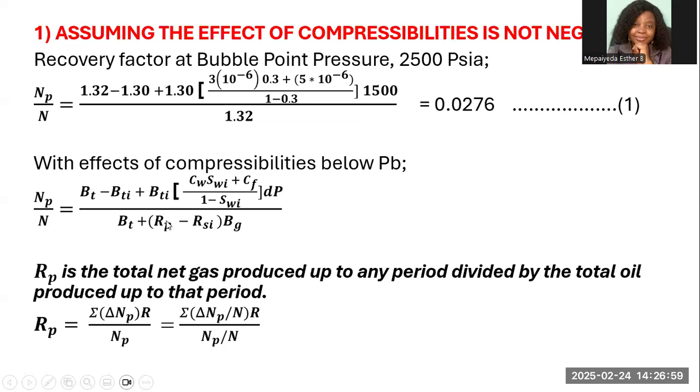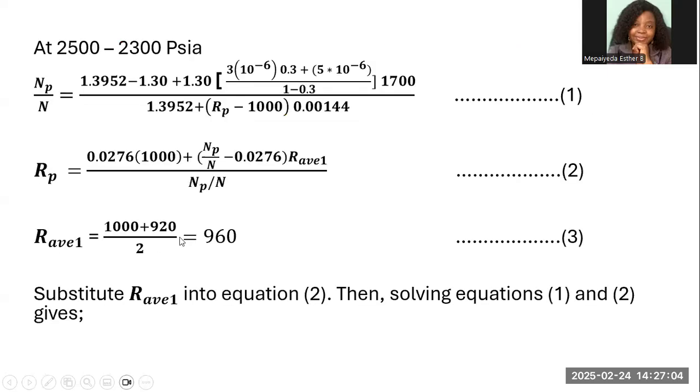So you bring your RP into this equation. So substitute R average into your equation 2, and then solve equations 1 and 2.